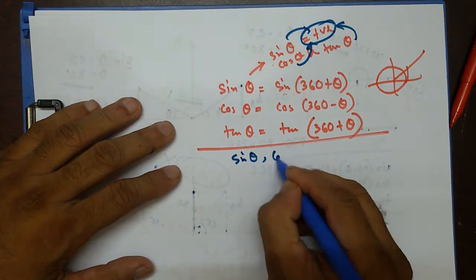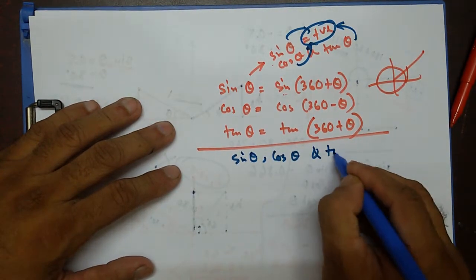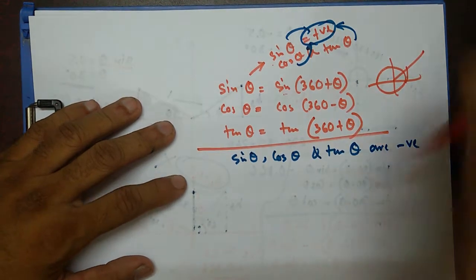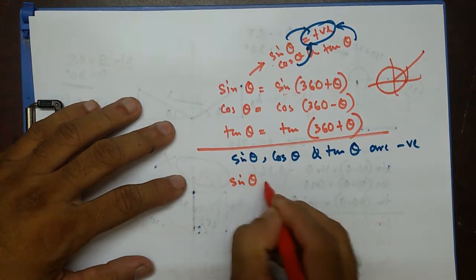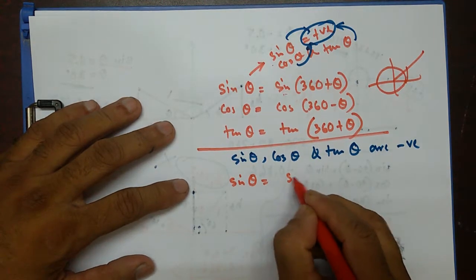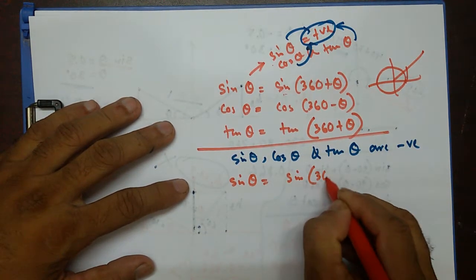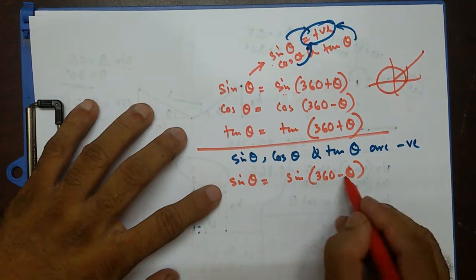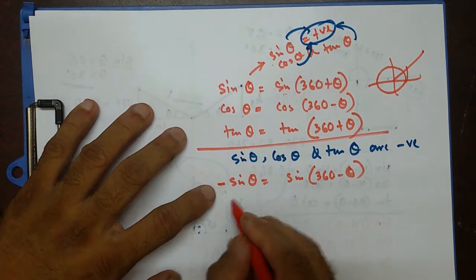Okay, if sine theta, cos theta and tan theta are negative, then sine theta equals sine 360 minus theta. Now this is negative, so it's going to be negative over here.